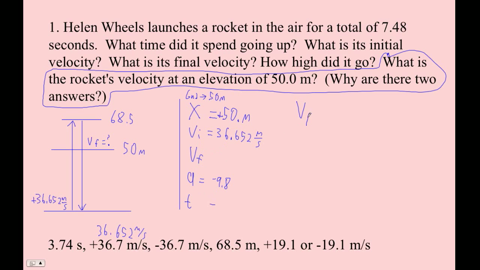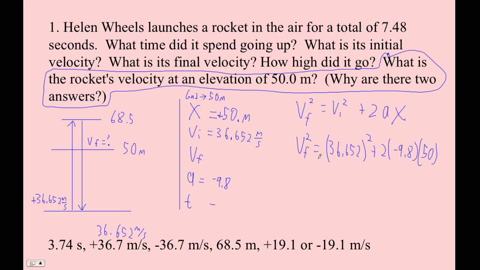I'm going to use vf squared equals vi squared plus 2ax. Okay, so vf squared is 36.652 squared plus 2 times negative 9.8 times 50.